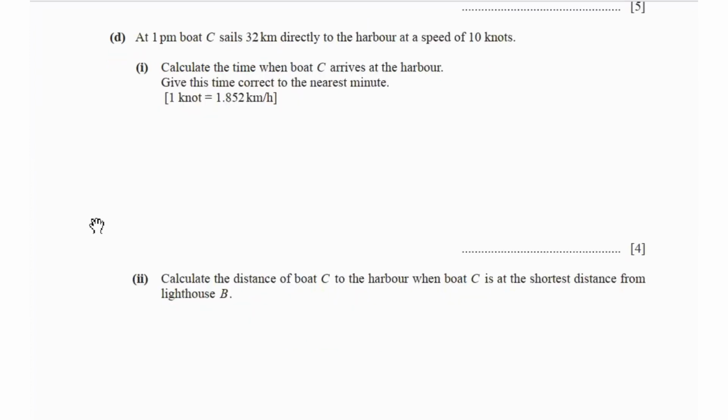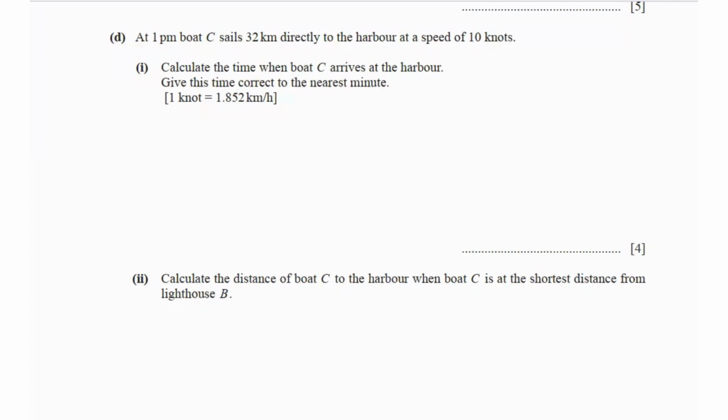Then the next part says at 1 p.m. boat sea sails 32 kilometers directly to the harbor at a speed of 10 knots. Calculate the time when boat sea arrives at the harbor. Give this time correct to the nearest minute. So we have the distance, we have the speed. They want us to convert the speed into kilometers per hour first, and then find the time when boat sea arrives at the harbor.